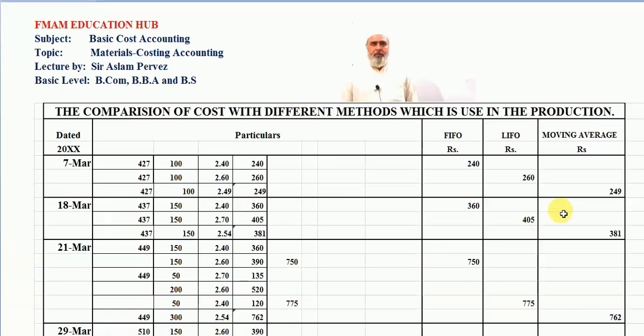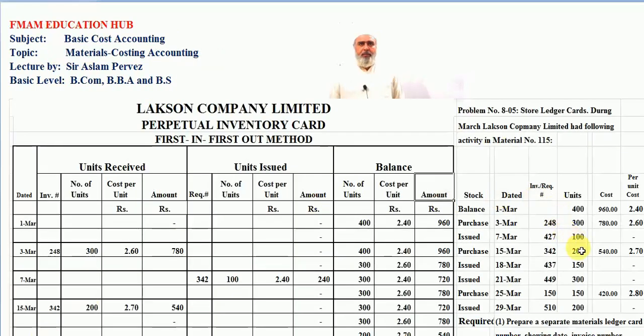Students, this is the comparison among the 3 methods. You are looking here at 7th March. We issued 100 units on 7th March.